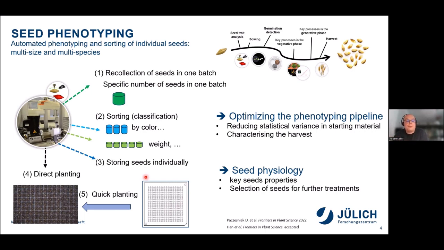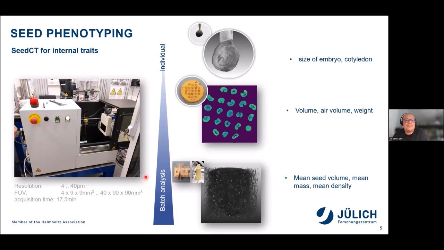And now what we are trying to do is the next level of phenotyping. So we also try to look deep inside of those seeds. So with the seed CT, we are able to look deep inside of individual seeds. This is a rapeseed here, for example, to separate the size of embryos or cotyledons. Then we can increase the throughput and screen some more seeds at the same time.